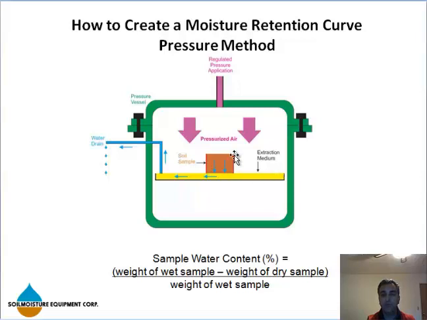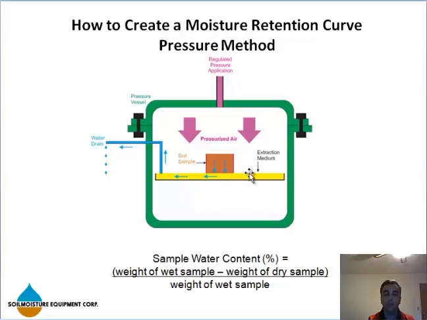So you saturate your sample, place it over the ceramic plate, and now you apply 1 bar of pressure to your extractor. Because your sample is saturated, it starts draining, but at some point it stops draining water. At that point you say, okay, my sample has come to equilibrium with the pressure.